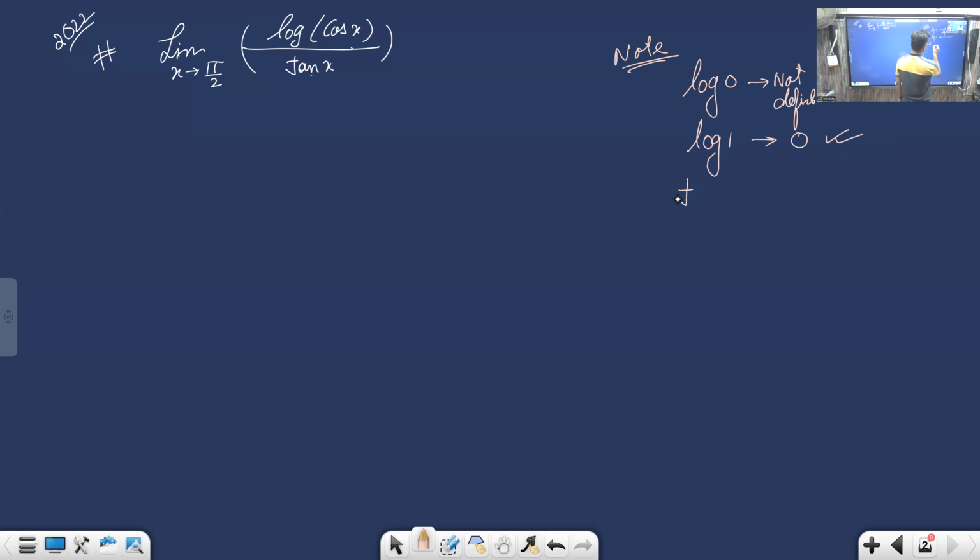Then if you have tan 90, that is pi by 2, it is infinity. This is again not defined. Okay, so what else you are going to get? And cos pi by 2 is 0, and sine pi by 2 is 1.